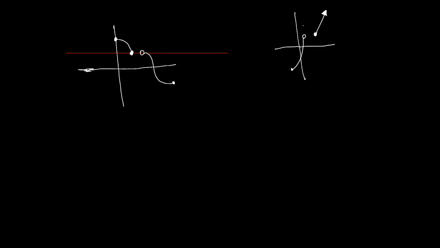Now here, because we have an open circle, the line is technically touching only at one place. And as we keep going down, you can see that this would pass the horizontal line test. So here we would say that yes, the inverse is a function.